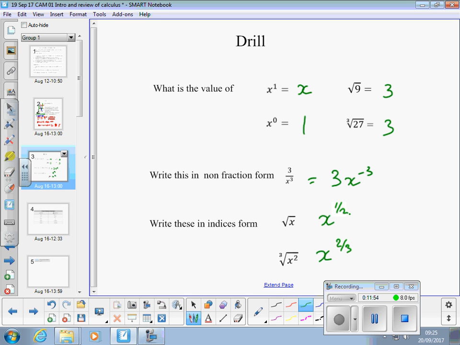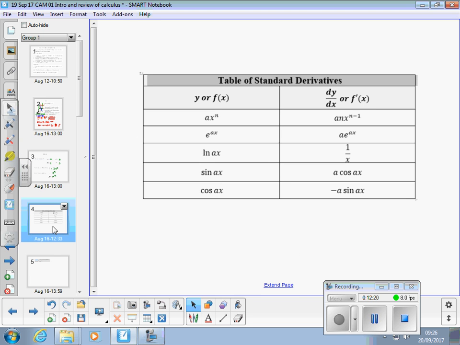Okay. So in terms of being able to do your differentiation in the rest of the session, you're going to need to be able to use these techniques to rewrite the function you've been given so that it's in a suitable form for differentiation. So, you've got your laminated tables of derivatives that I've issued you this morning.